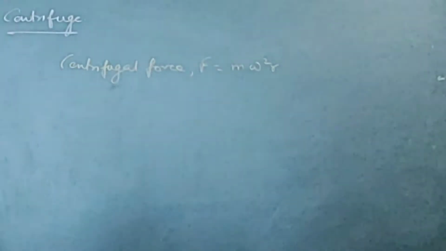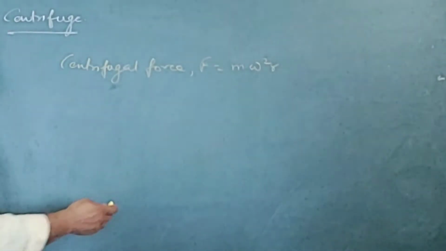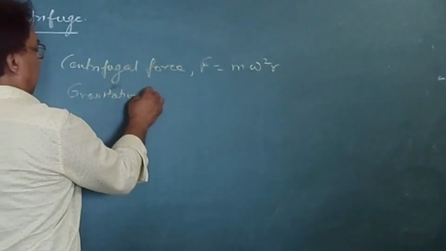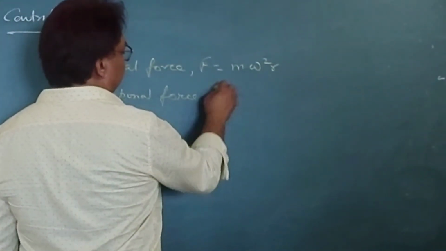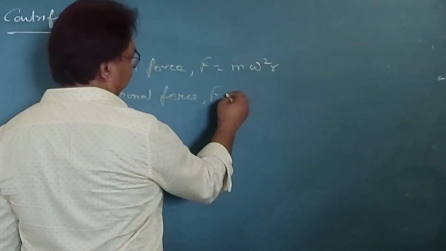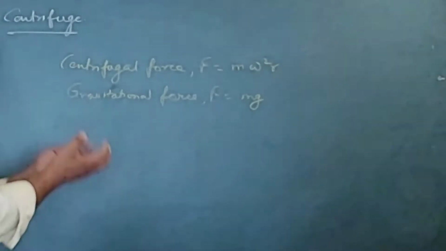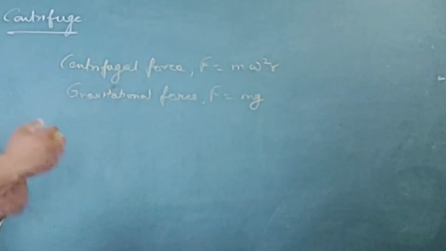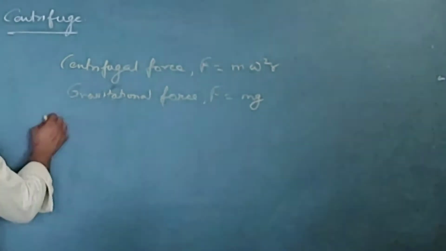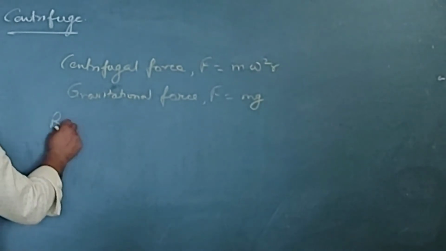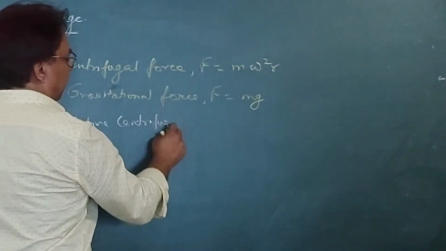And then another thing which is called gravitational force, you can also represent it as F is equal to mg. So when we calculate the ratio of these two forces, that is called relative centrifugal force.